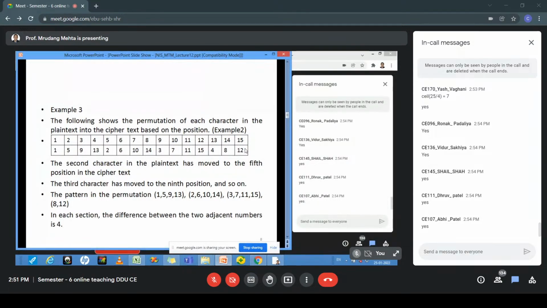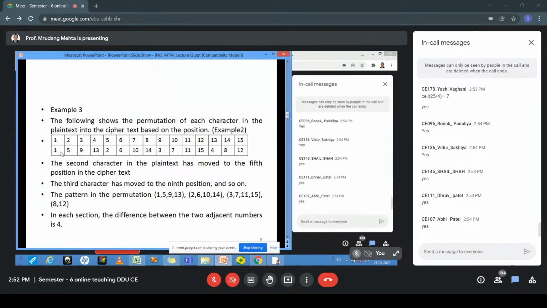So what happens is, the second character in the plain text has moved to the fifth position in the cipher text. Okay. Third character is shifted to ninth position. Right. So 1, 2, 3, 4.